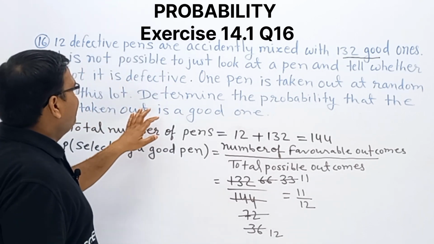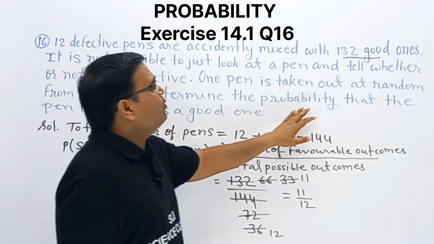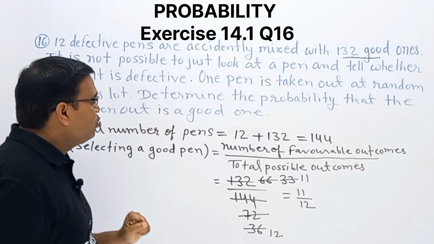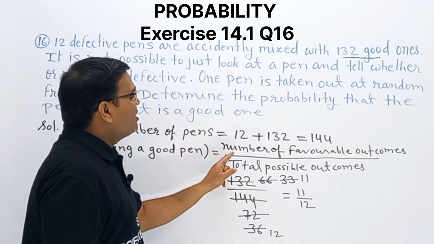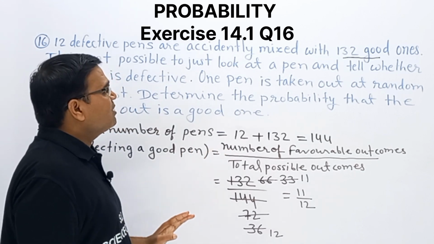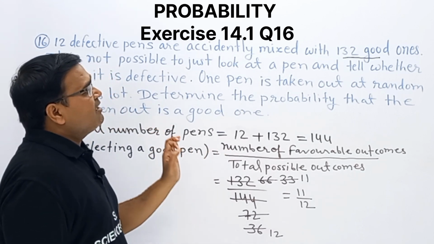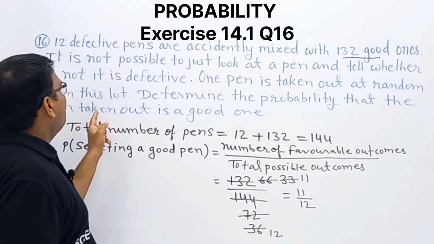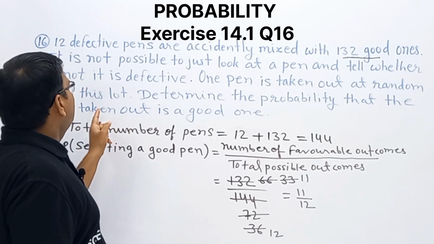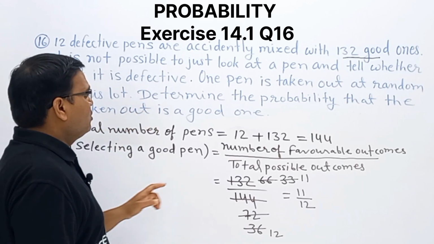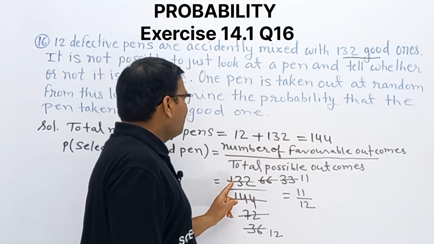Now we want to determine the probability that the pen taken out is a good one. Good one means number of favorable outcomes will be 132. Why? Because we want to find the probability of taking out a good pen.